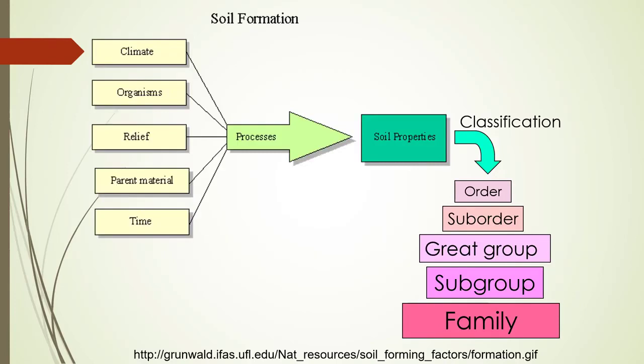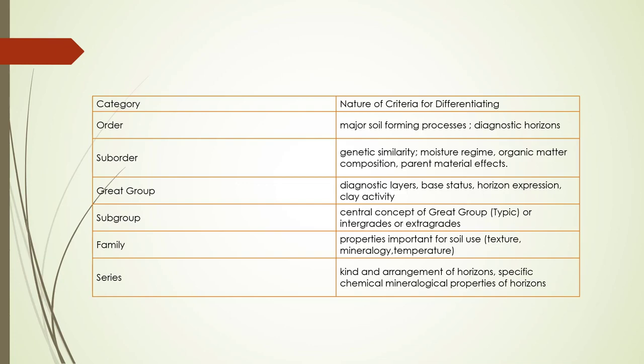Okay, so this is soil formation. You've got your climate, organisms, relief, parent material, and time. Then there are processes that happen, and then the soil properties help with the classification. And while there are a lot of different tiers to this, we are primarily looking at order and family. So in order are major soil forming processes.